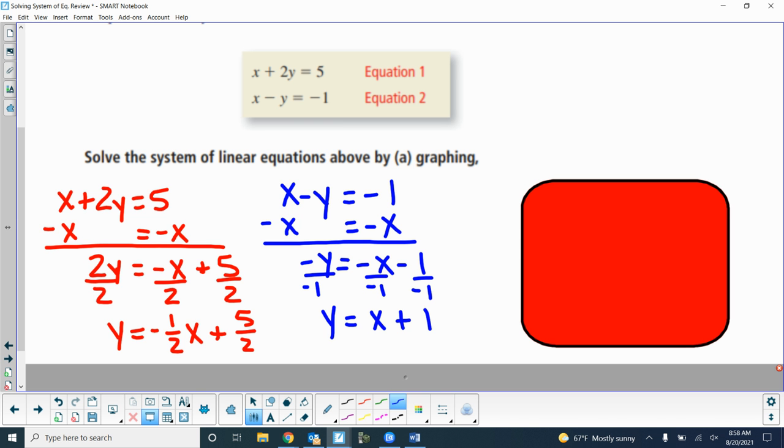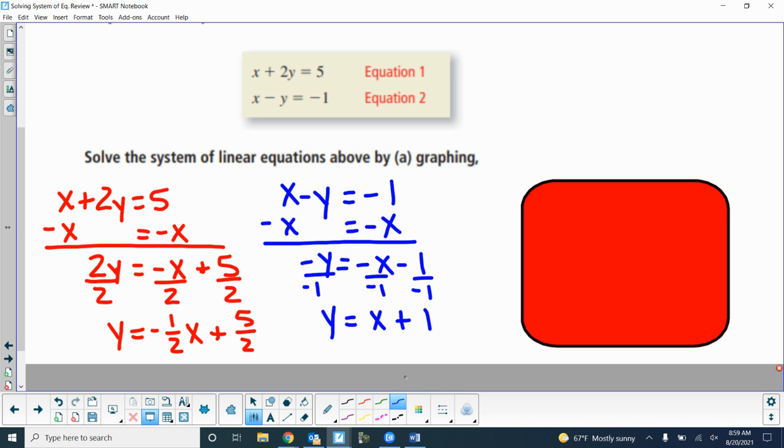The b value is the y-intercept, where it crosses the y-axis, and then the m value in front of x is my slope, right? So what is 5/2? Where's that on the y-axis? What number is that? 5 divided by 2 is 2.5, isn't it?